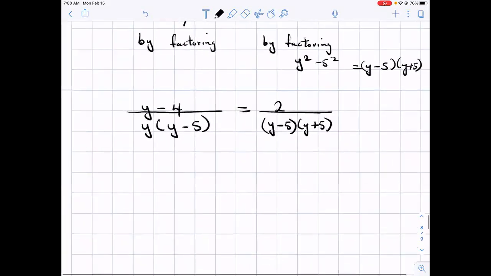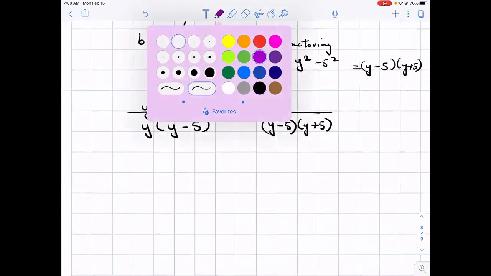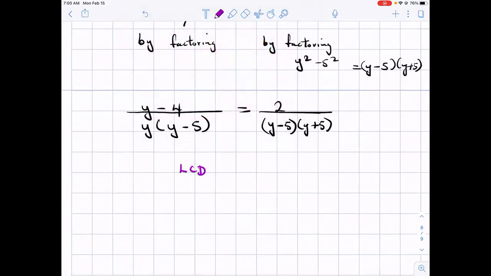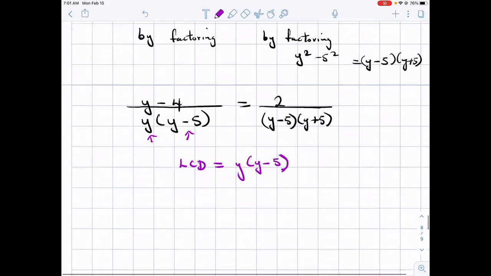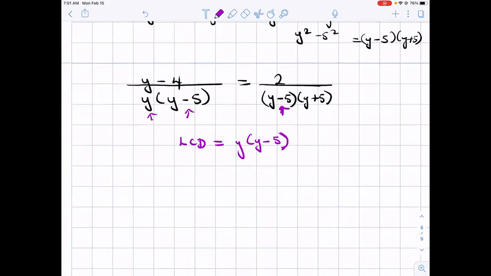So once they're in factored form, we can find our lowest common denominator. Here we have a y. Here we have a y minus 5. Then we have a y minus 5 again, we don't need to write it. And here we have a y plus 5. We don't need to write the redundant factors.